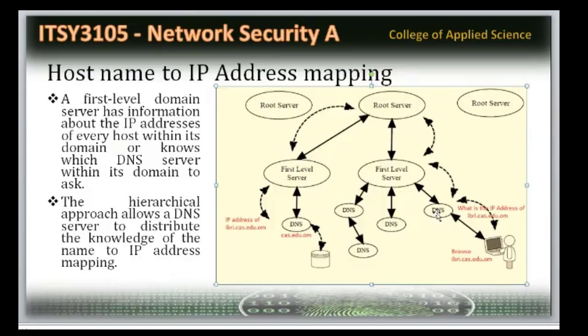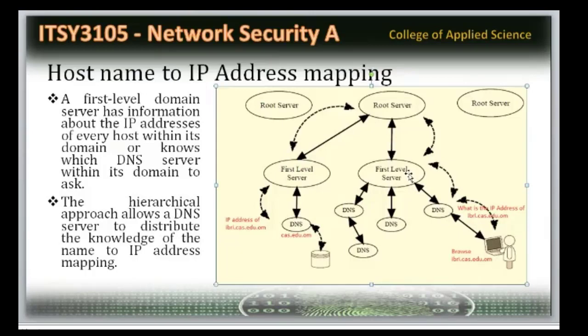Sometimes it may not be available in the local DNS. That means for ibri.cas.edu, the IP address is not available. Now, from the local DNS, you will be communicated with the next level of DNS.